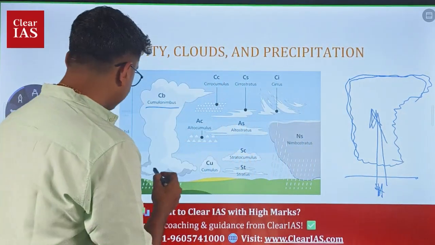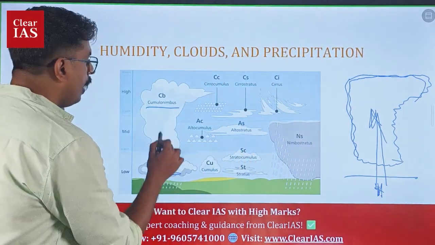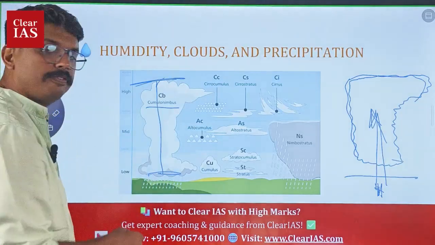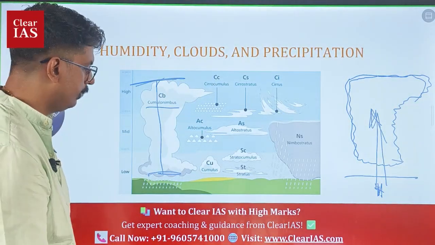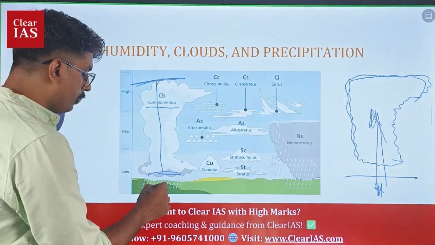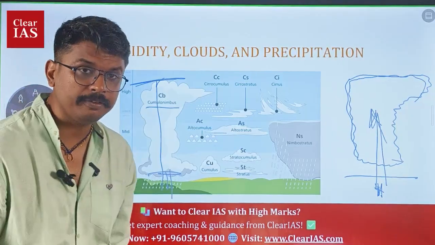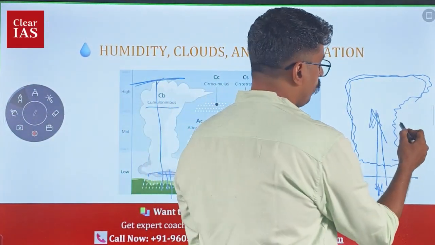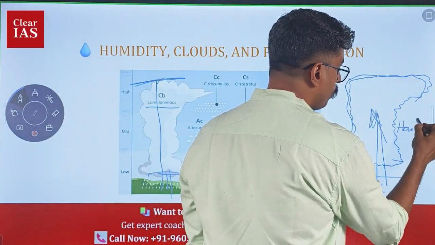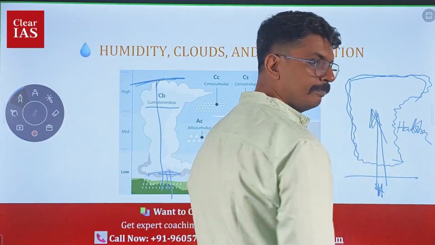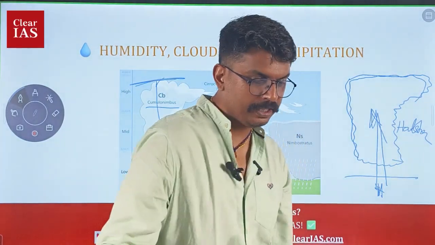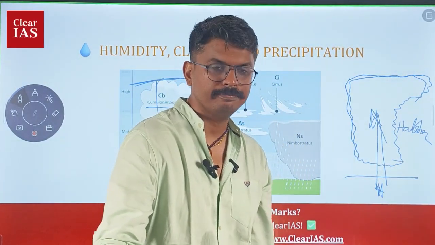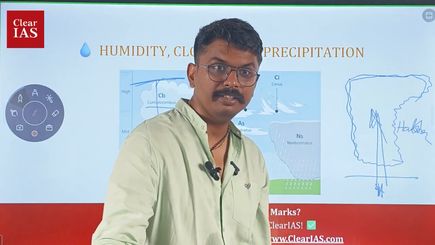So when the air rises all together suddenly in one go, it forms cumulonimbus clouds. These clouds extend from the surface up to 10 to 12 kilometers of height. Okay, and when they cause rainfall, they cause heavy rainfall, and these are the clouds that cause hailstones. Have you guys seen hailstones? Yes, in Maharashtra?